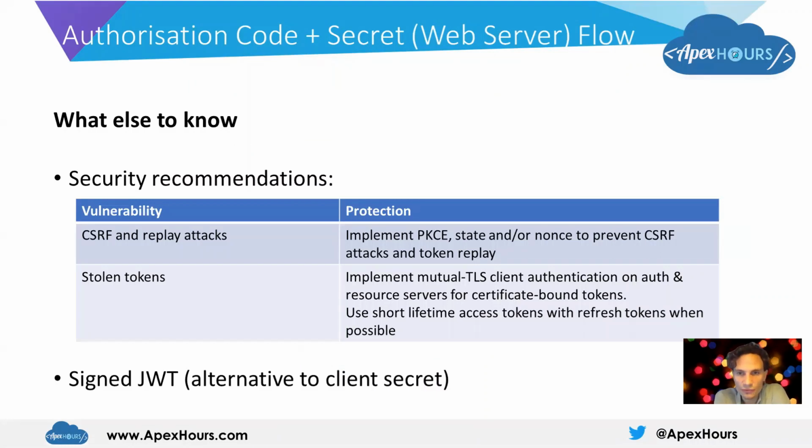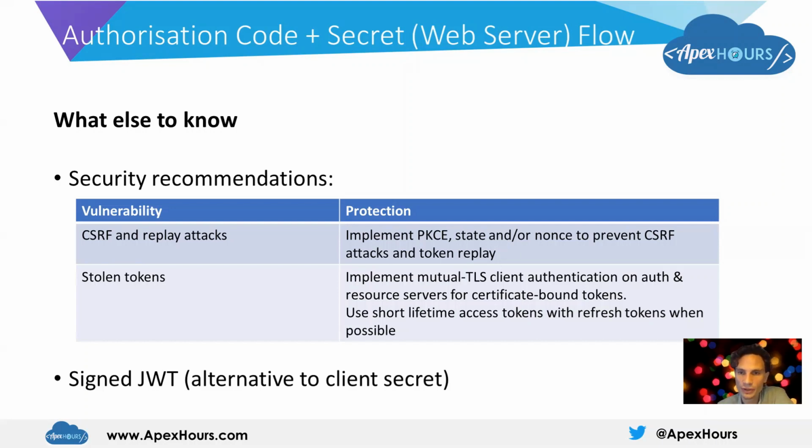So a couple of things just to add to that, in terms of general additional security recommendations for using this flow. I've mentioned there are these three mechanisms to help protect against cross-site request forgery, and also the potential for token replay attacks: proof key for code exchange, PKCE, state, and nonce.